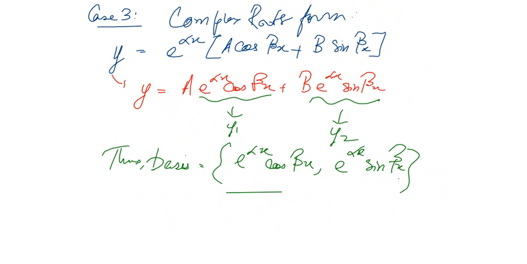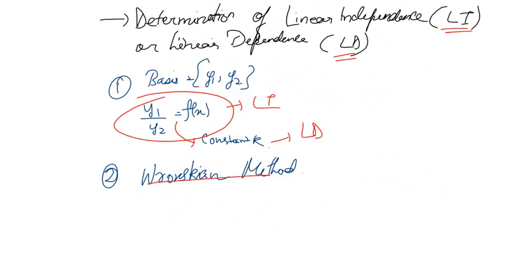And thus, we need to determine the linear independence or linear dependence of two functions. If we know the basis from the given differential equation, y1 and y2, we can find the linear dependence or independence of the two functions very easily. You have two methods for that.